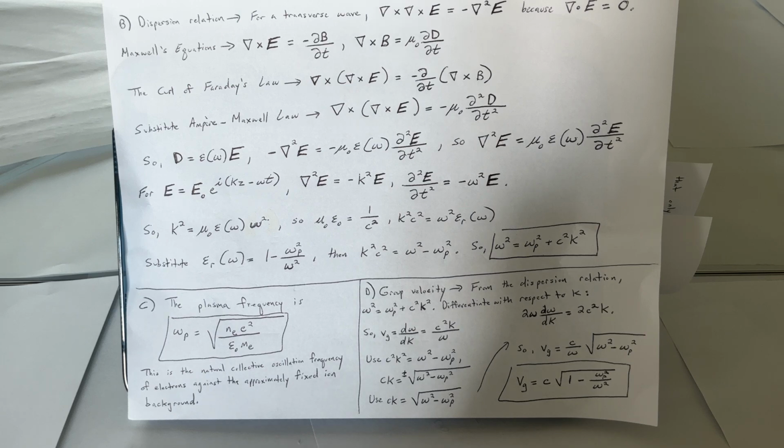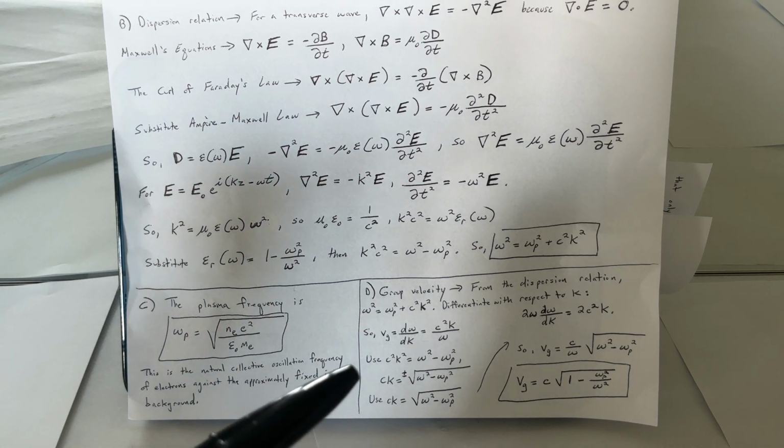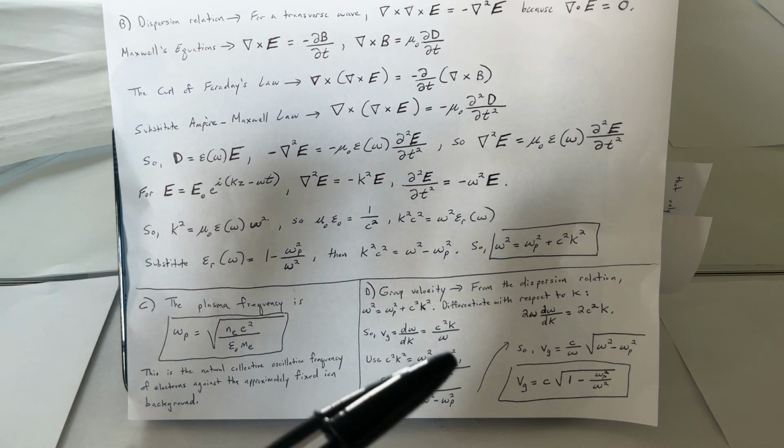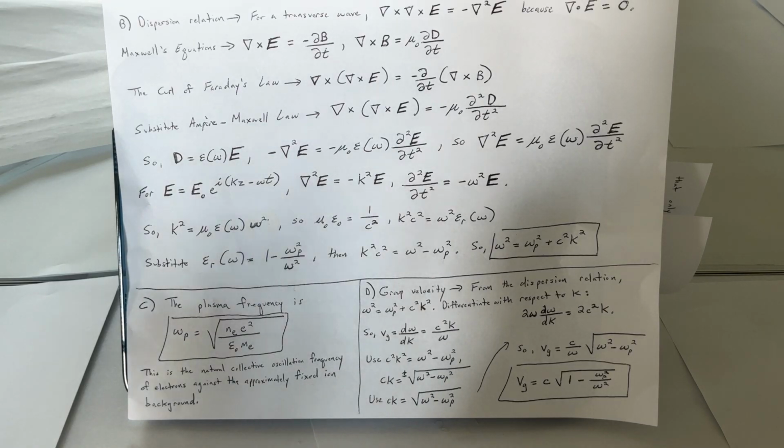And using the following, C squared K squared equals omega squared minus omega sub P squared. CK equals plus or minus square root of omega squared minus omega sub P squared. We only take the positive value of that. So CK, we use positive square root of omega squared minus omega sub P squared.